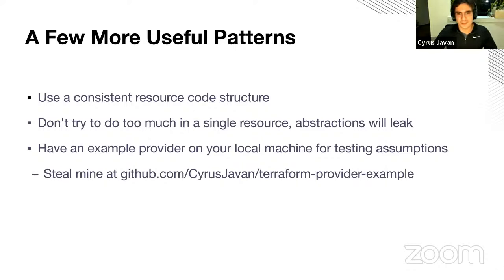Another thing is don't try to do too much in a single resource, because oftentimes the abstractions will leak out and will cause problems. So for example, at Aviatrix, we have the concept of a spoke gateway and a transit gateway, which is like the hub. So one hub can have many spokes, but each spoke originally could only have one hub, one transit gateway to attach to. So the developers put into the spoke gateway a single string that says, this is the attached gateway.